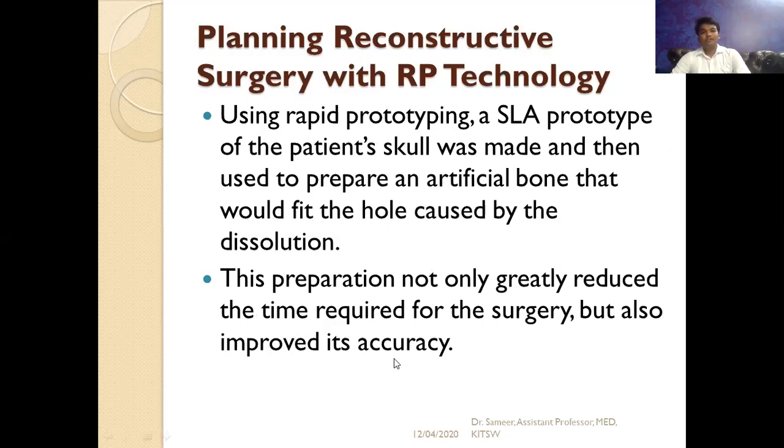By using rapid prototyping, an SLA prototype, that is a stereolithographic apparatus prototype of the patient's skull, was made and then used to prepare an artificial bone that would fit the hole caused by the dissolution. This preparation not only greatly reduced the time required for the surgery, but also improved its accuracy.